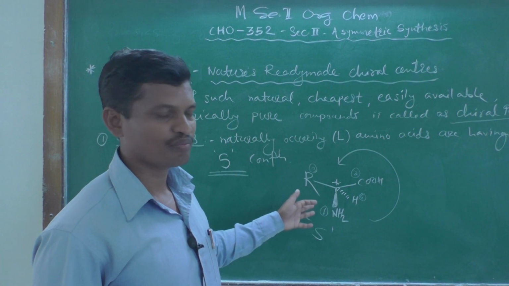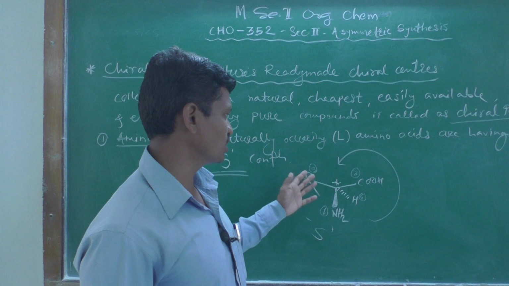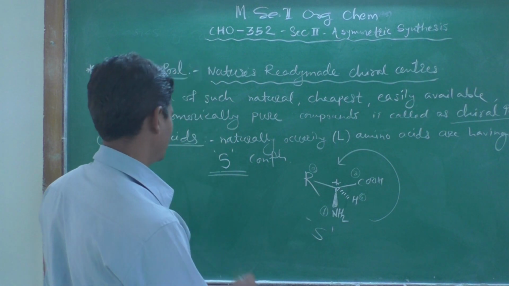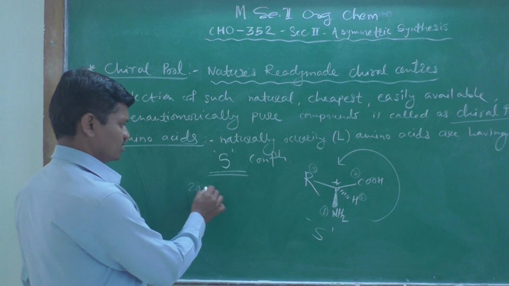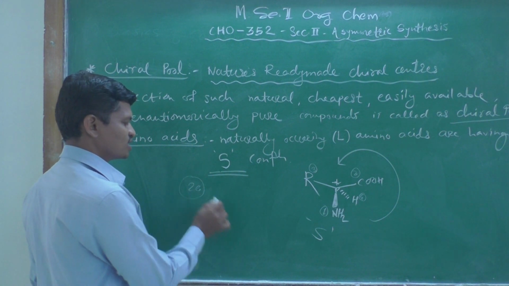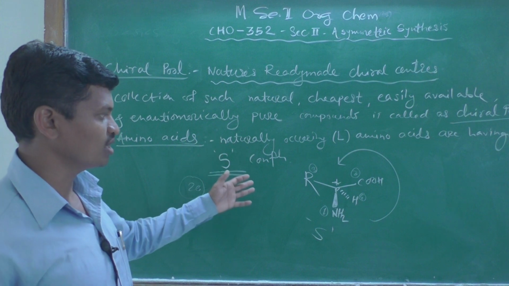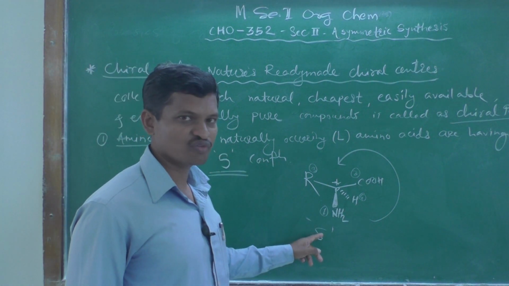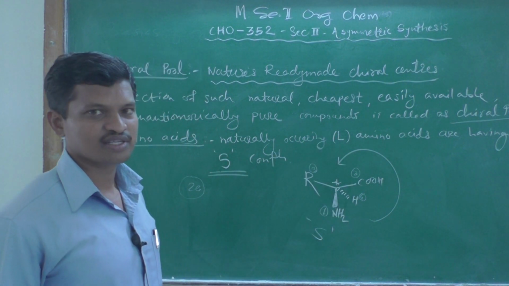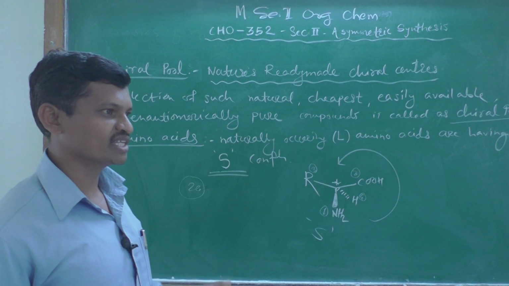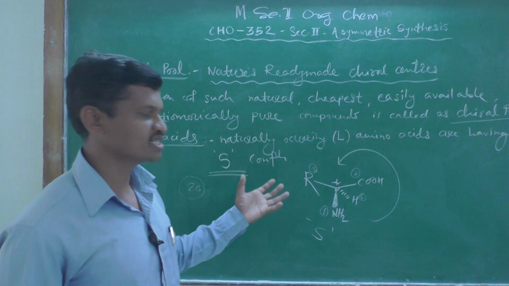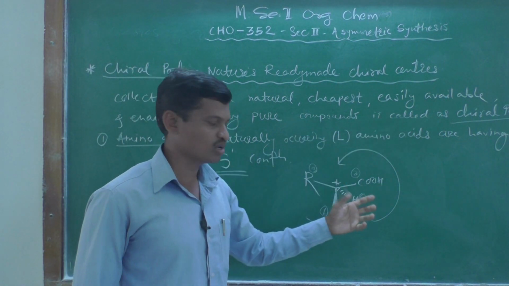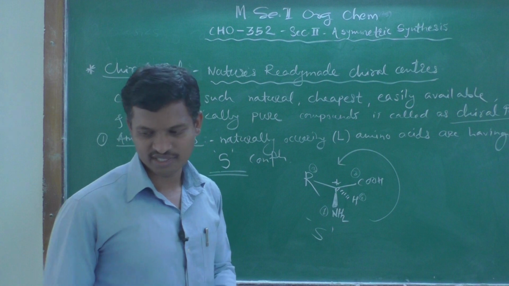We know that there are 20 amino acids found in nature, and we can use all these 20 enantiomerically pure amino acids, all having S configuration, in the organic synthesis of different molecules. So that's the use of chiral pool in the form of amino acids.